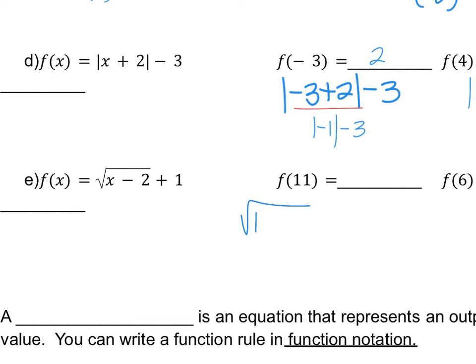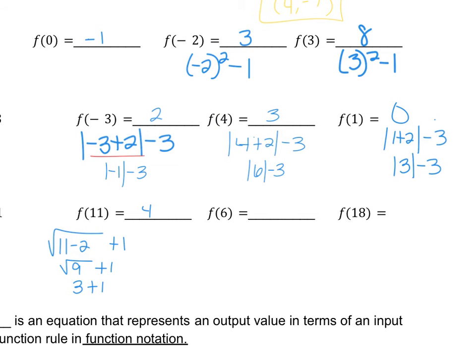Okay, so anyway, we have the square root of 11 minus 2, plus 1. So I've got to do what's inside the square root first. That'd be the square root of 9 plus 1, which would be 3 plus 1, so 4. Square root of 6 minus 2, plus 1, which would be the square root of 4 plus 1.